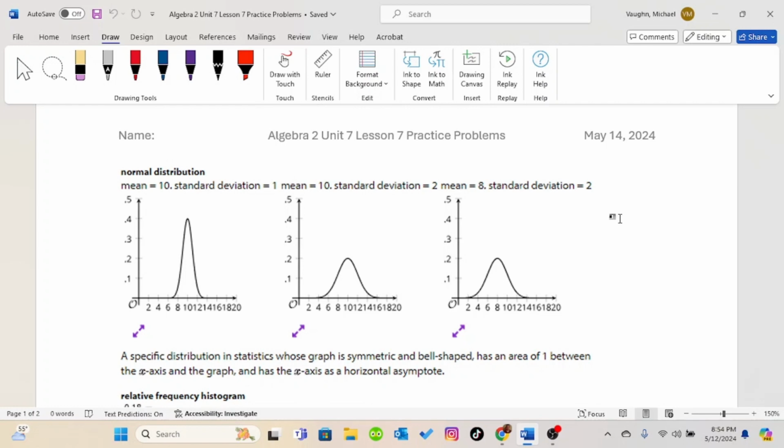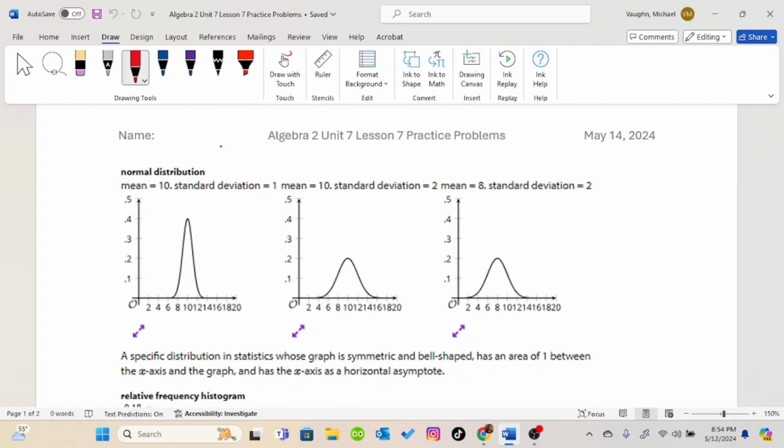If you notice, the mean in the first and second is 10, and then in the third is 8. So you notice that the difference is that this bell shape shifts to the left to match up with the mean. You'll also notice that the standard deviation in the first one is 1, but it's 2 in the second and third.